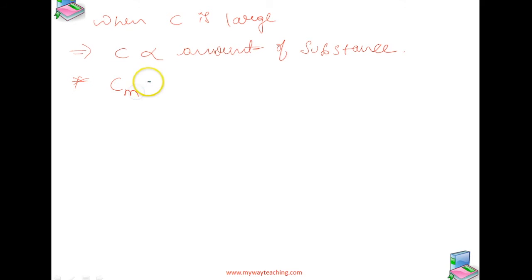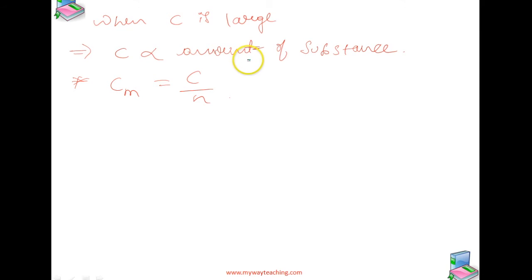C is directly proportional to the amount of substance. The molar heat capacity Cm is equal to C by n. It is the heat capacity for 1 mole of a substance and is the quantity of heat needed to raise the temperature of 1 mole by 1 degree Celsius.